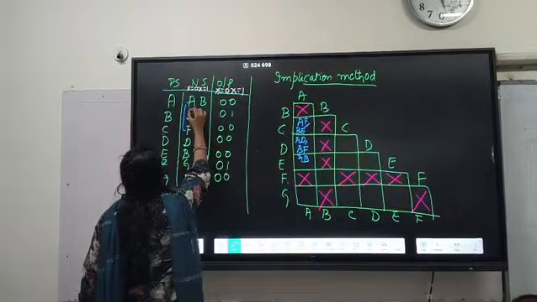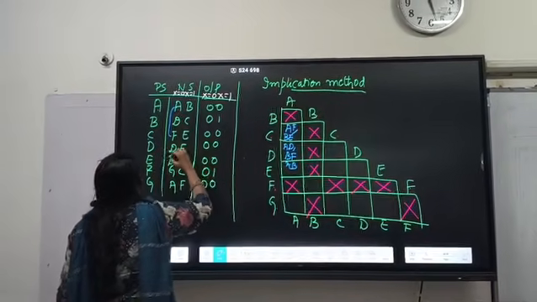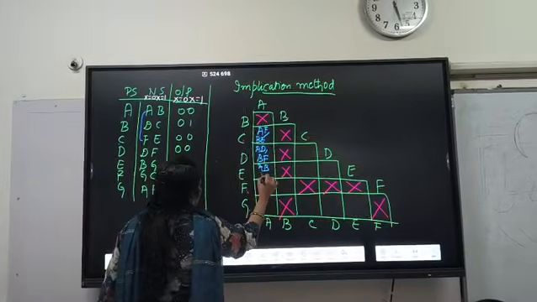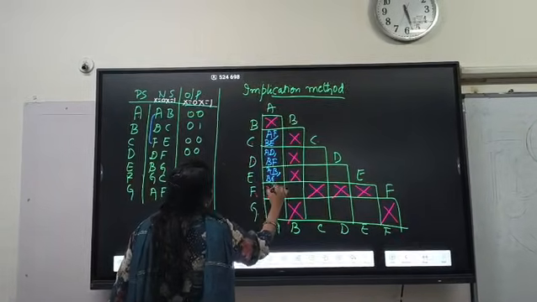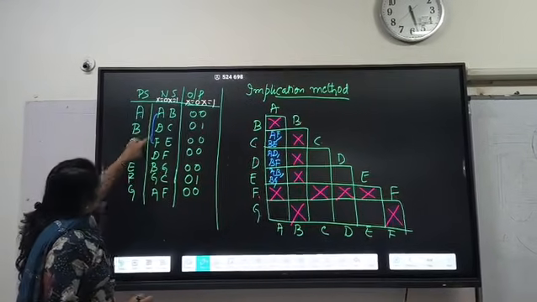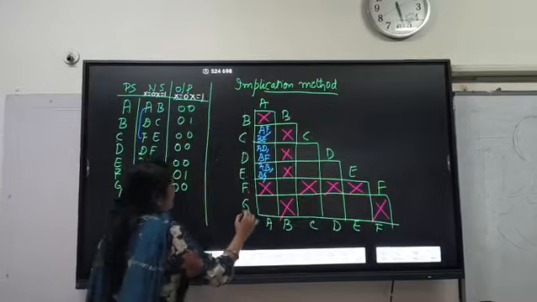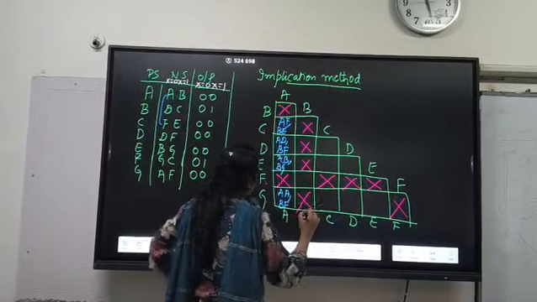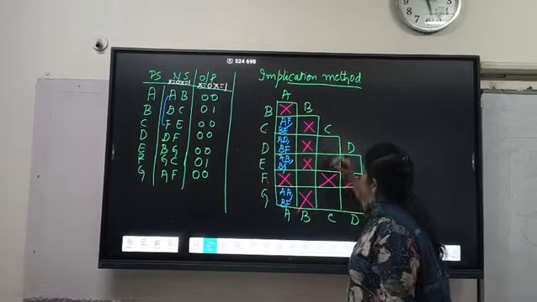You have to mark like this: on 0 first, then on 1. Next, A to G is also valid, so it is AA and BF. So I have marked for state A.